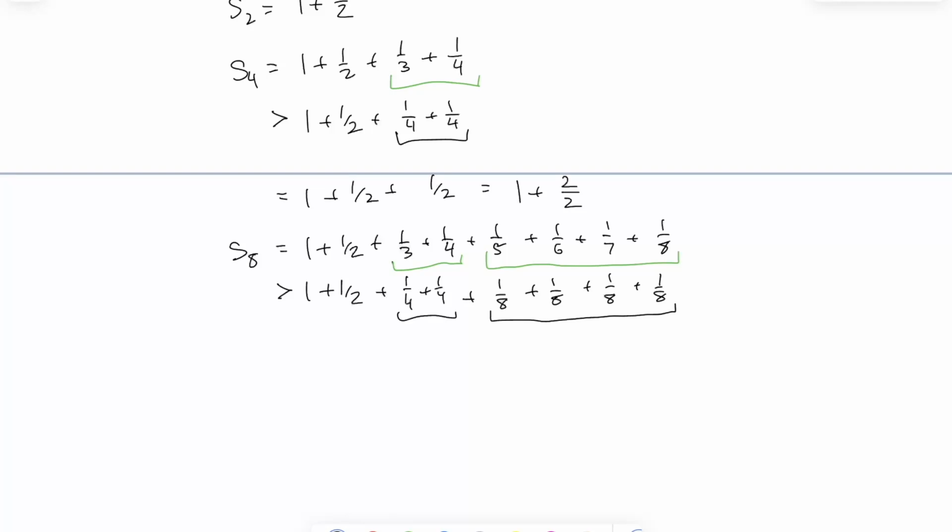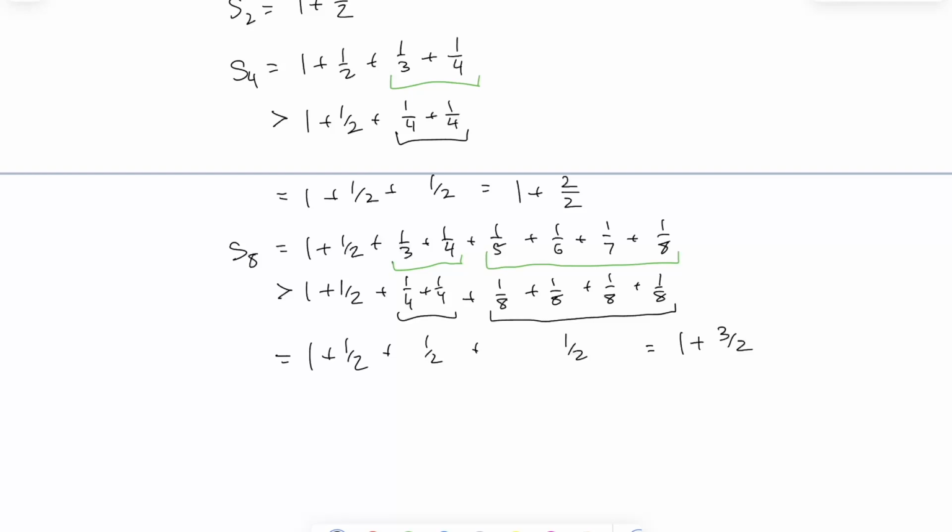And the thing to notice here is that this is 4/8, which adds up to a half. Everything in each of these brackets adds up to a half. All right, so this is the same as 1 plus a half here, plus a half here. I'm bracketing off the things and they add up to a half. And so this is the same as 1 plus 3/2, right?